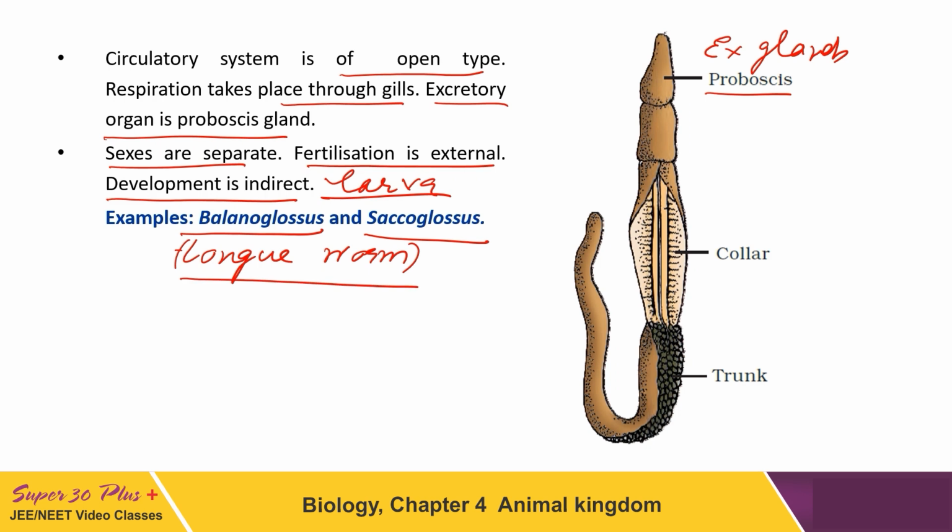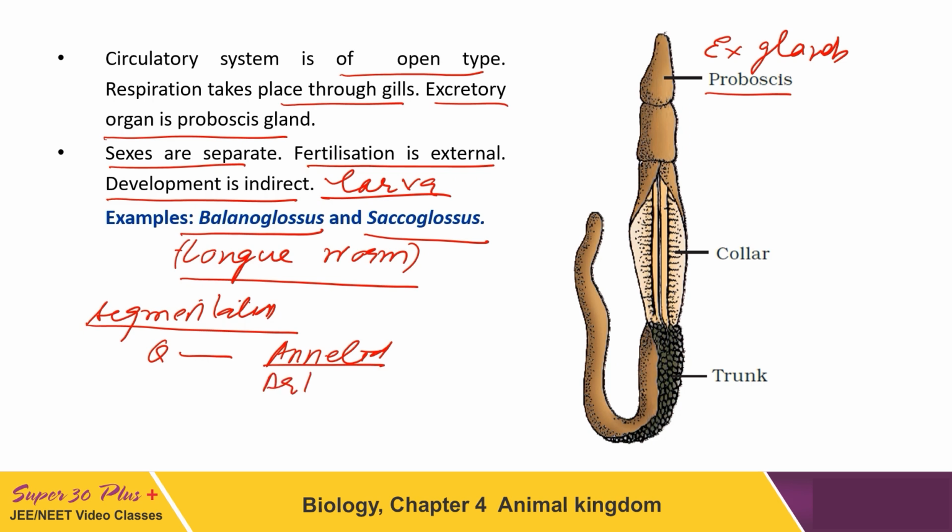Regarding segmentation, segmentation is absent. Unsegmented body, this is an important question. Segmentation is present in annelids, it is present in arthropods, and it is also present in chordates, that is repetition of organs; in chordates, vertebrae are repeated. Therefore, we call that segmentation.